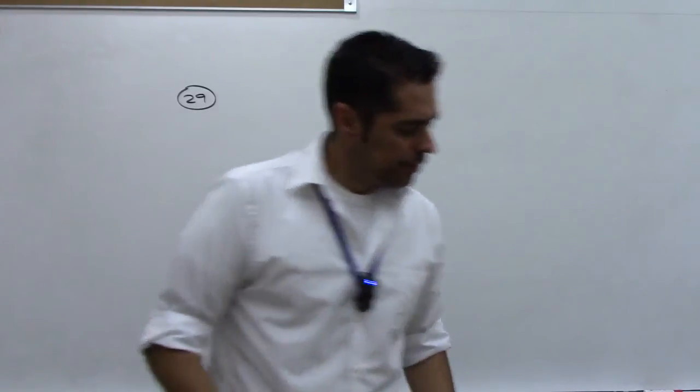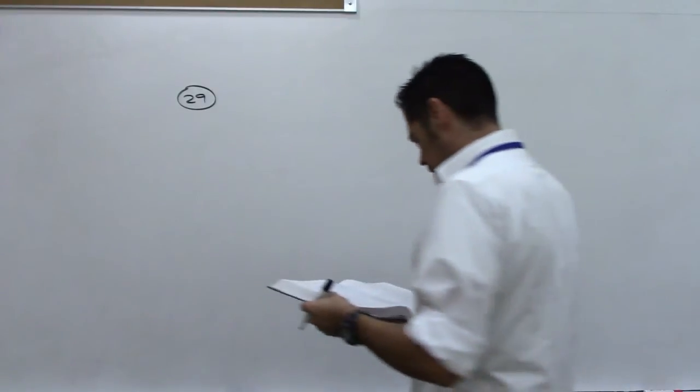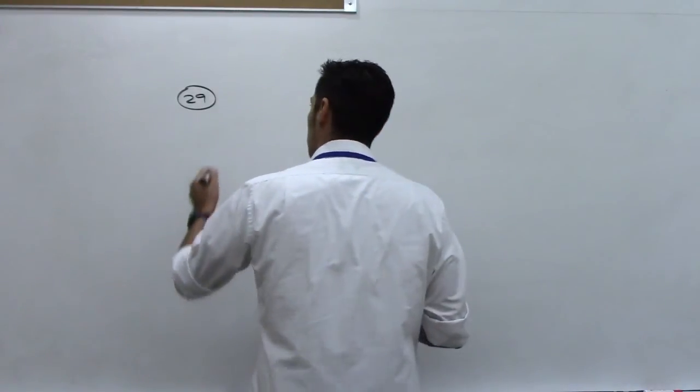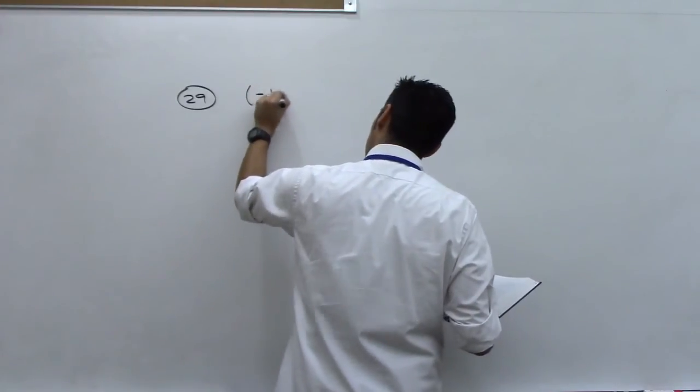29. So we're still finding the equation of a plane that passes through a point. So hey, man, they just keep on giving us these points, making our lives so nice.